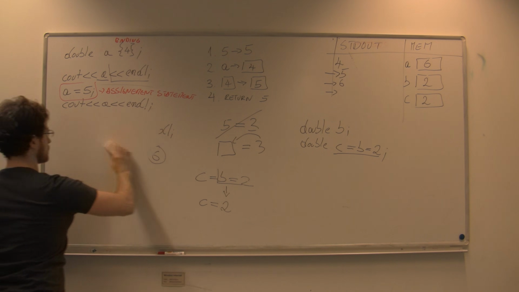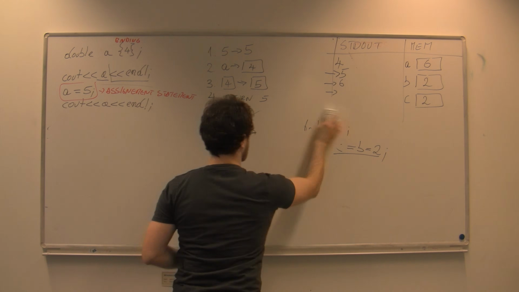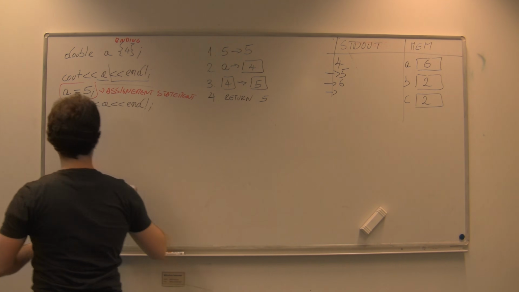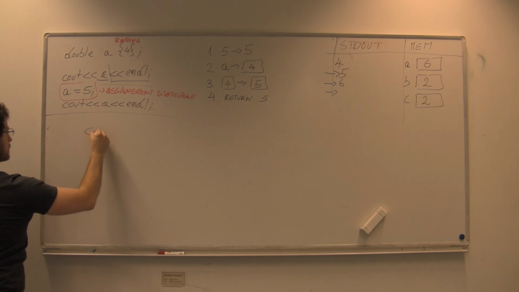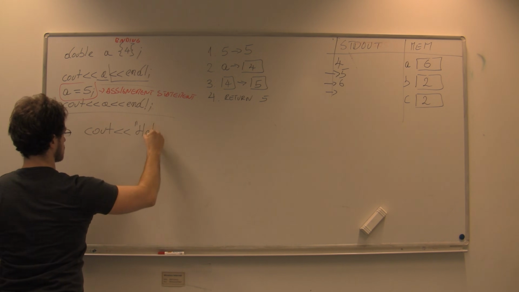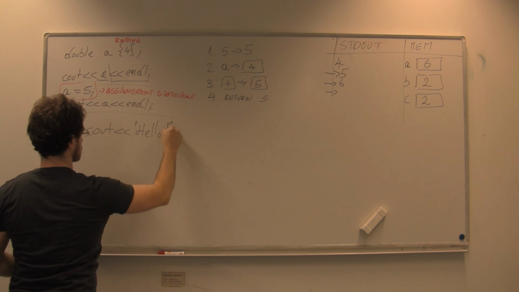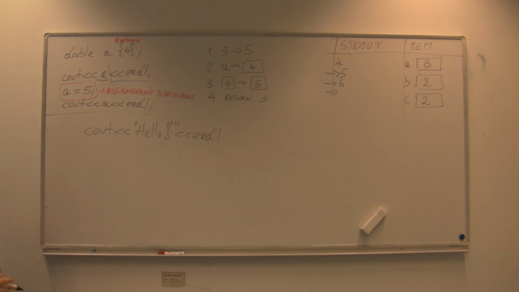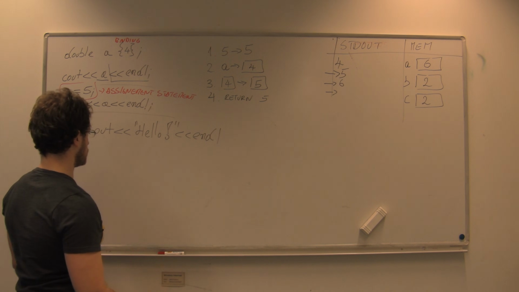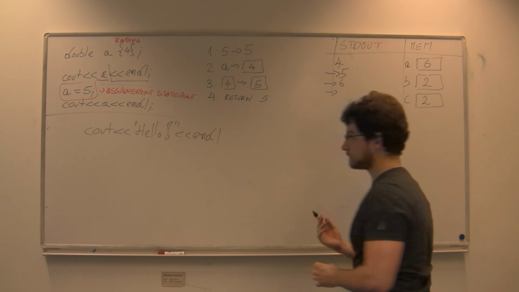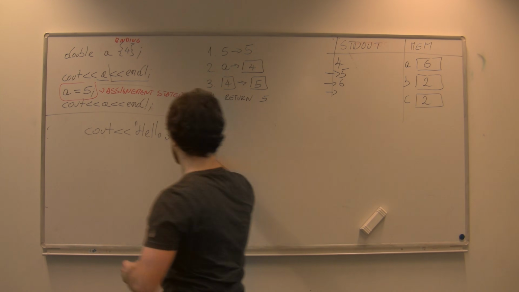And this is actually very similar to how these expressions work. Let me show you. If we were to evaluate the statement, or the expression, cout hello endl, what we would do is proceed in a slightly different order, like this.